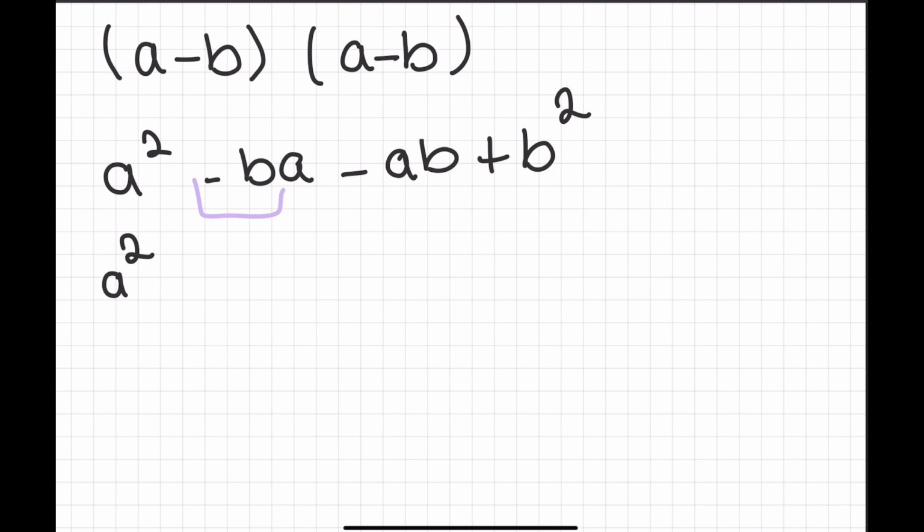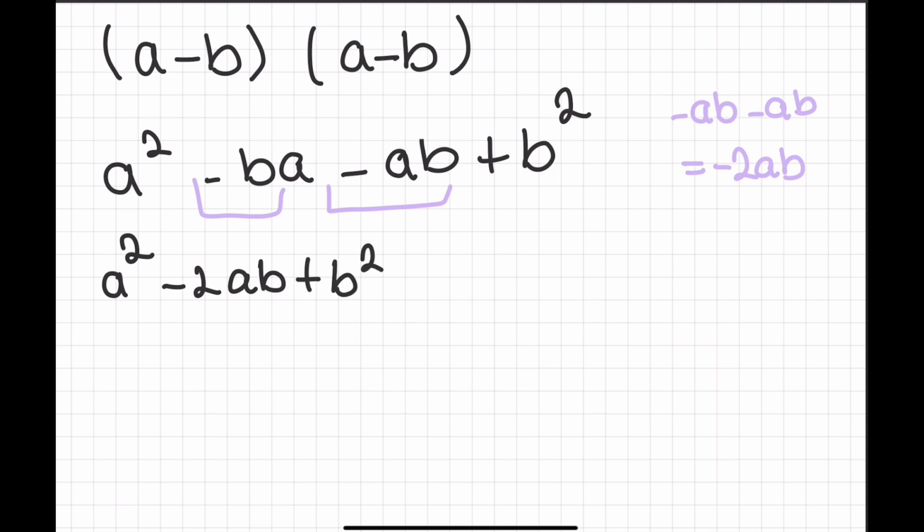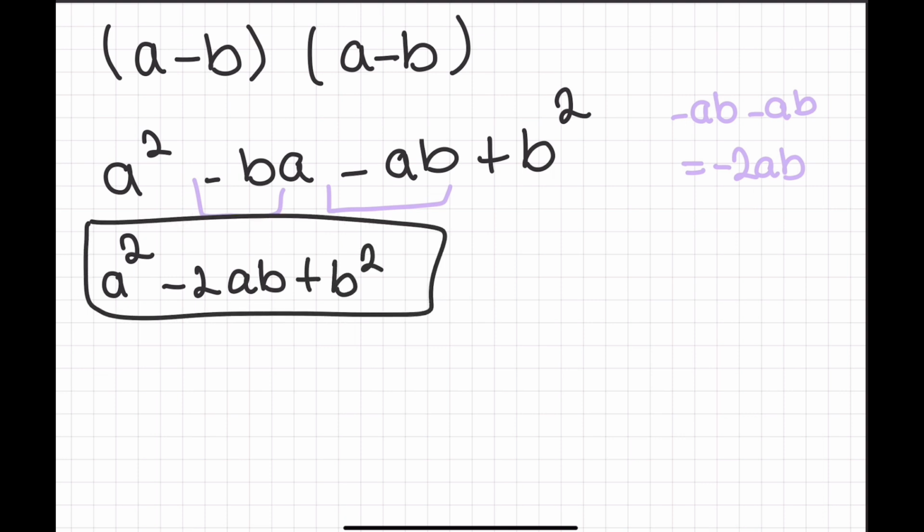Regarding minus ba minus ab, negative 1 minus 1 is negative 2ab. It could be ba, it doesn't matter, but I'd rather write ab because in most books it's ab. So it's negative 2ab plus b squared. And this is how we got the result.